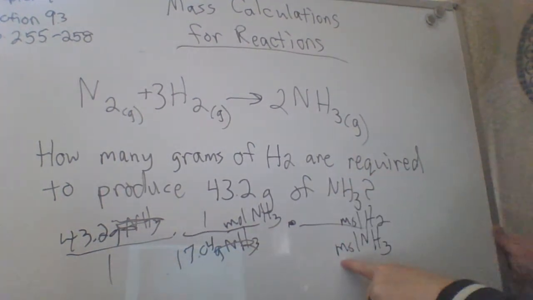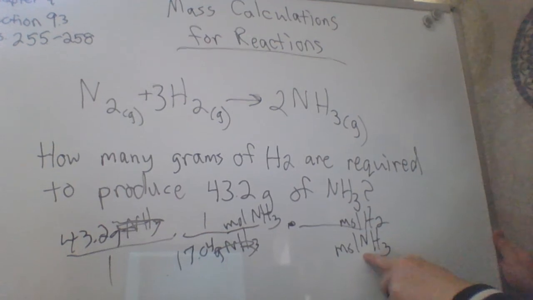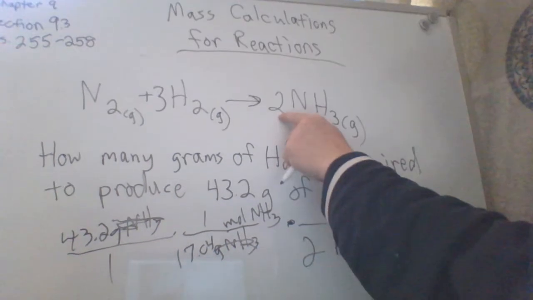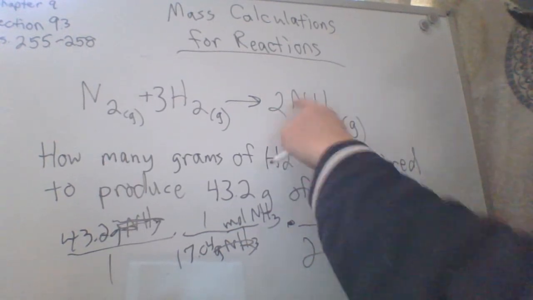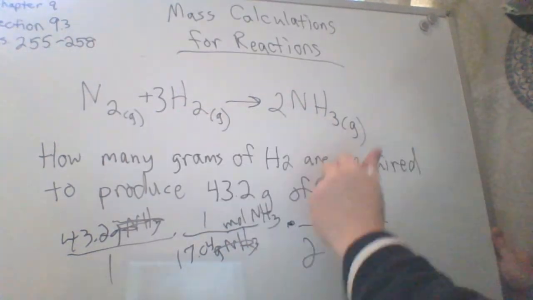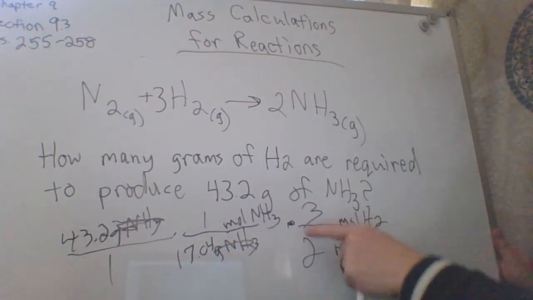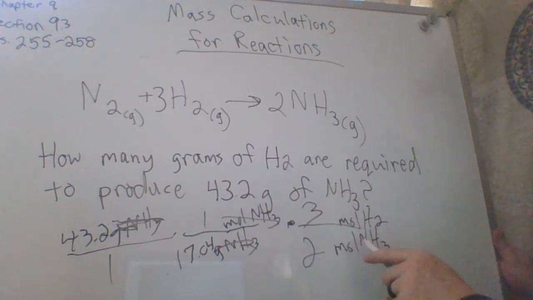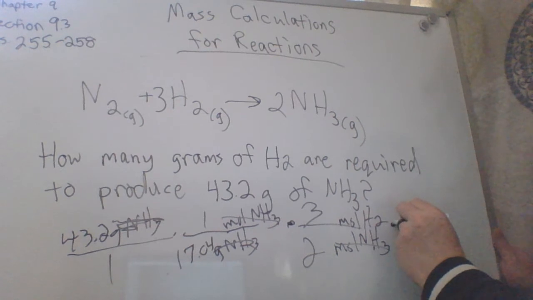What is the ratio? Keep in mind, this is what we're jumping from. For every 2 moles of NH3, the 2 comes from there, to 3 moles of H2. It's a 3/2 in this case. Moles of NH3 gets canceled out. I apologize for the messiness.